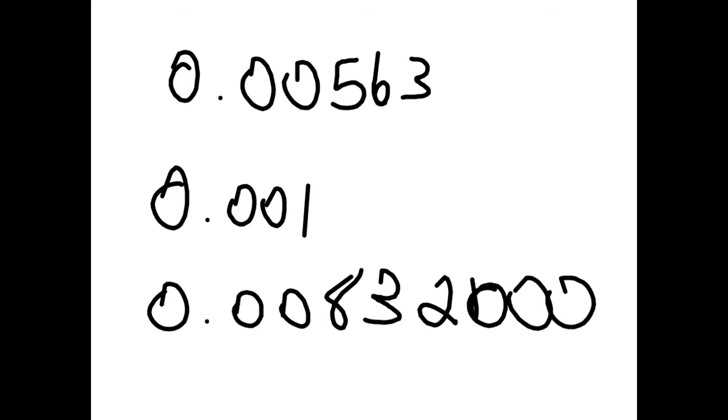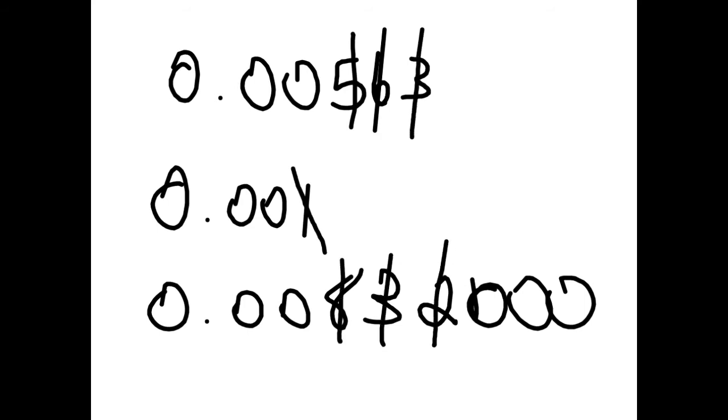How many significant digits are in the first number? 3. How many in the second number? 1. How many in this number? 6. Okay, I'm going to cross off all the significant digits. Okay, these are not significant because they're just placeholders.